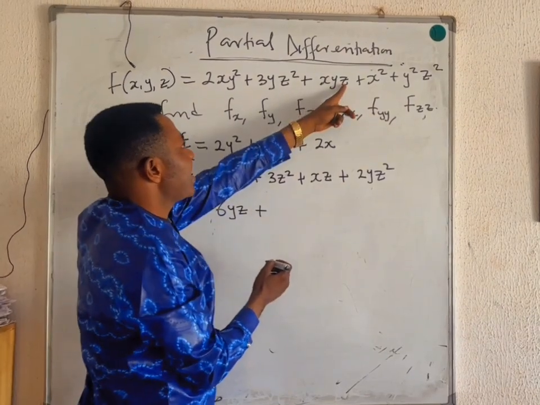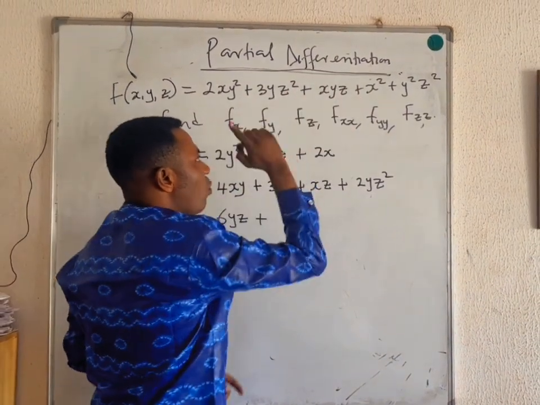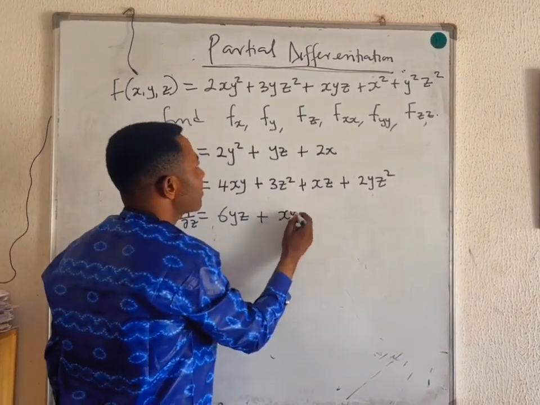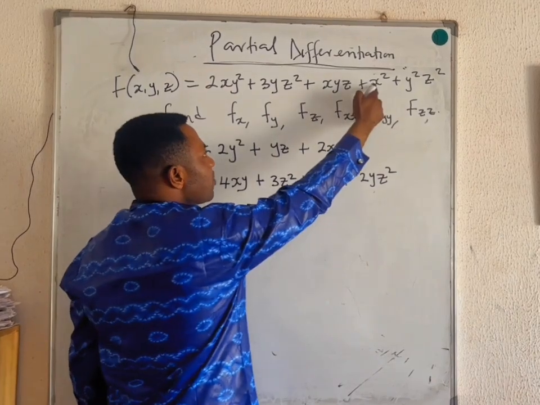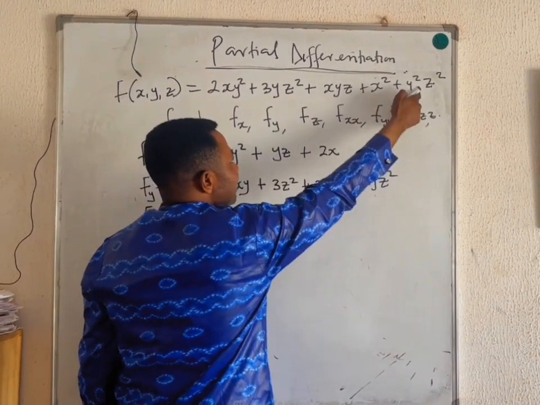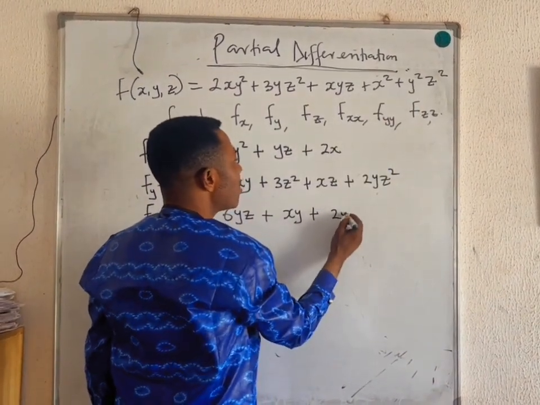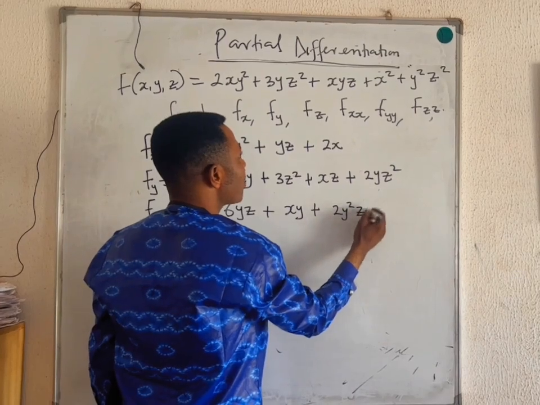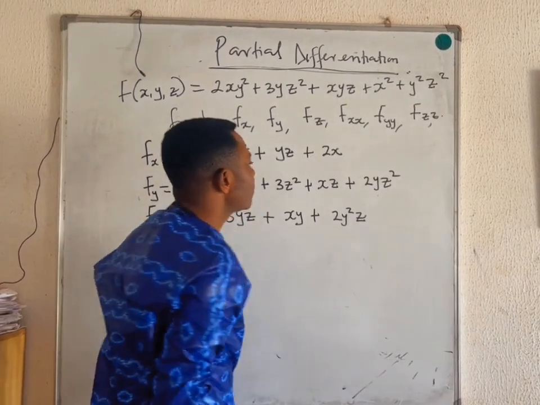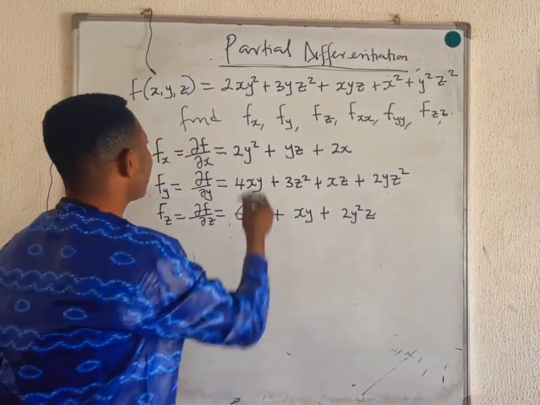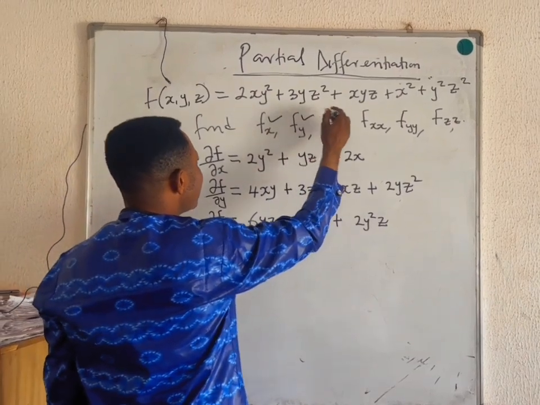Plus there is z here, differentiating z we have 1, so we now have xy. There is no z in x squared, so that is 0, but there is z in z squared, so it will be 2z. Now we are done with the first derivatives.